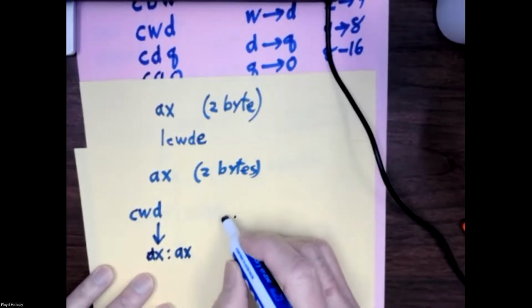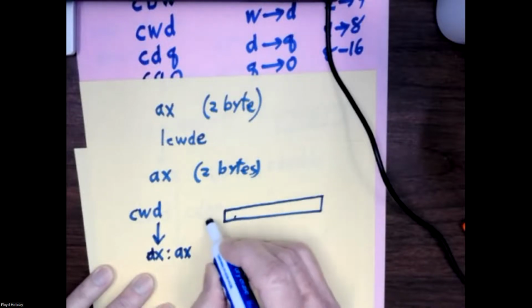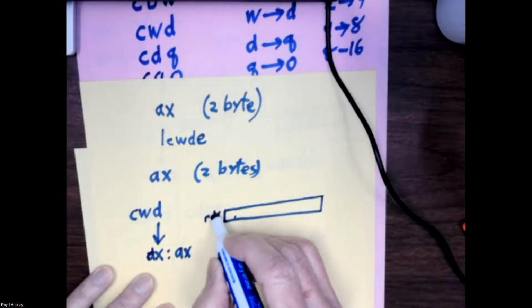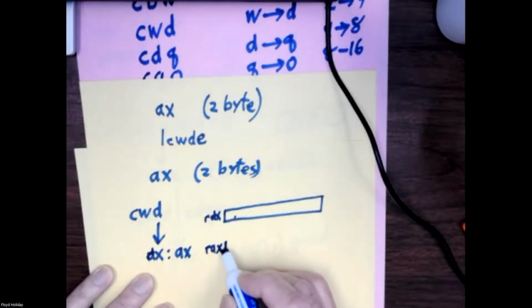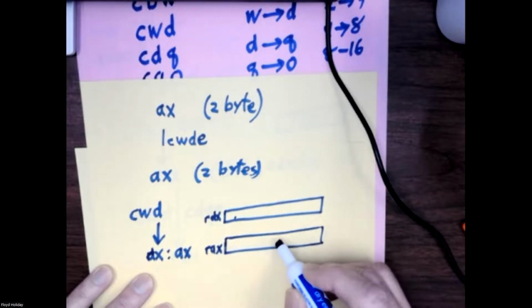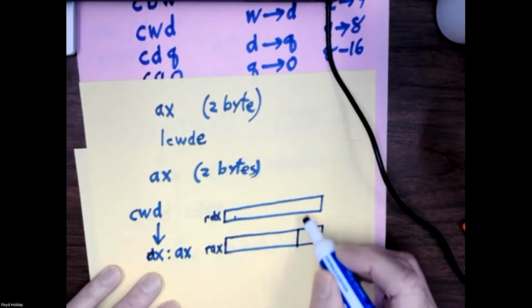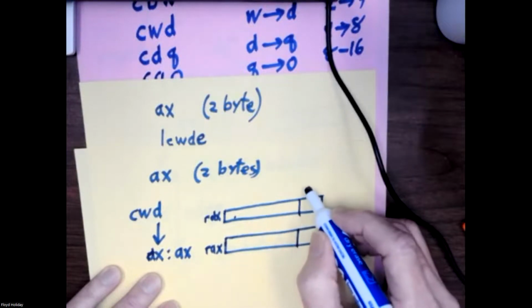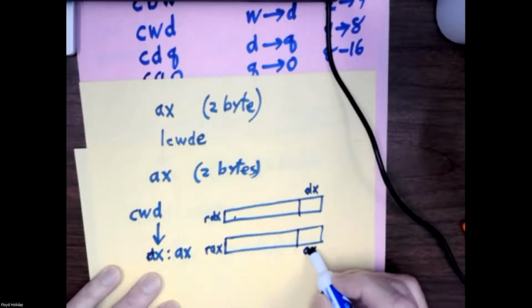Here, can I show it in a picture? Here's RDX. Here is RAX. And that's 8 bytes, but down here, 1/4 of it, that's DX, and that's AX.